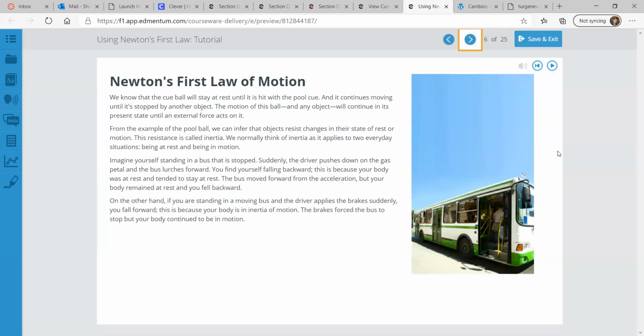On the other hand, if you are standing in a moving bus and the driver applies the brake suddenly, you fall forward. That's because your body is in inertia of motion. The brakes force the bus to stop, but your body continued to be in motion.